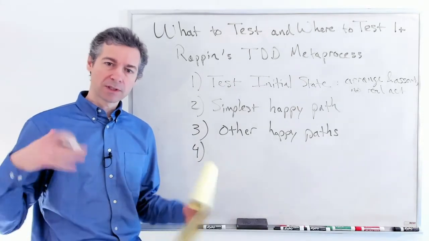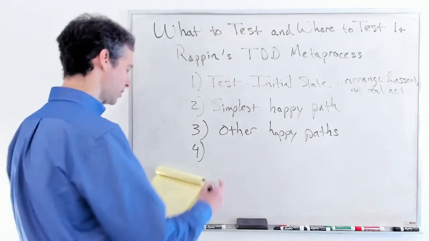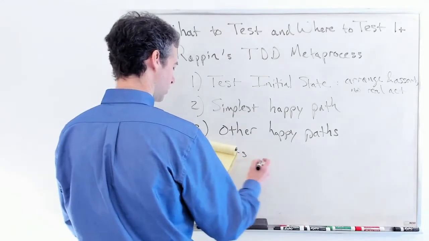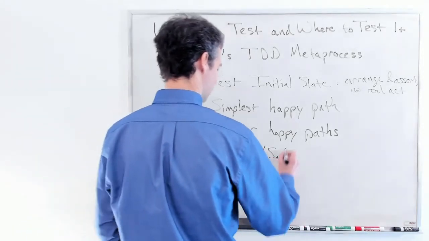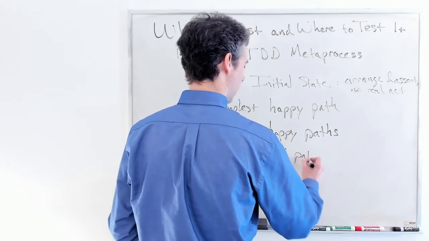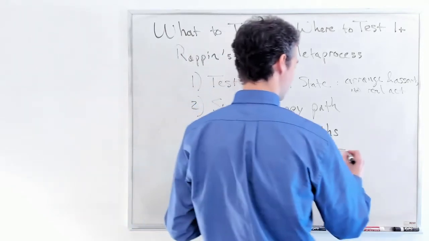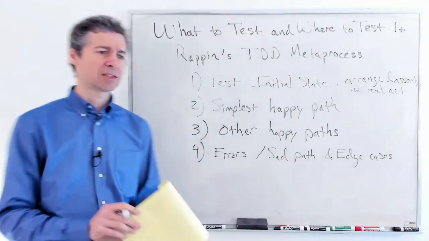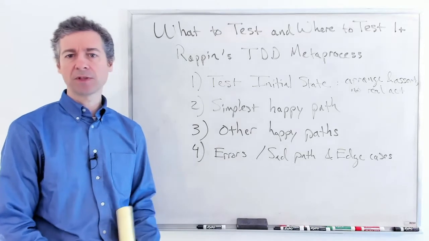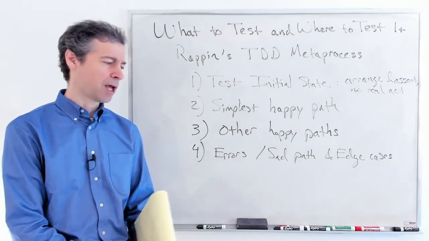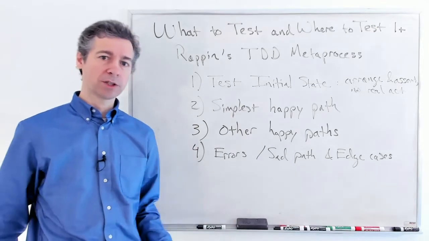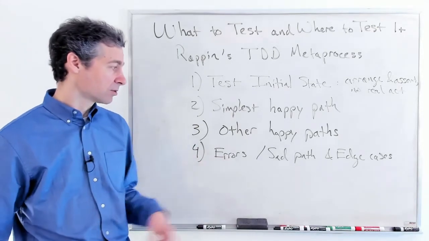Now's where he's ready to focus in on testing all the errors and the sad paths and the edge cases. All right, and so now's the time when he's like, well, if you think about a method, it might very well be, what happens when I pass in values that should throw error conditions? All right, he's going to test those.